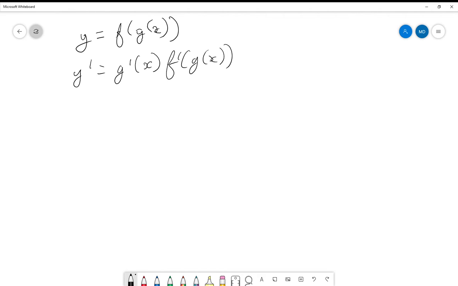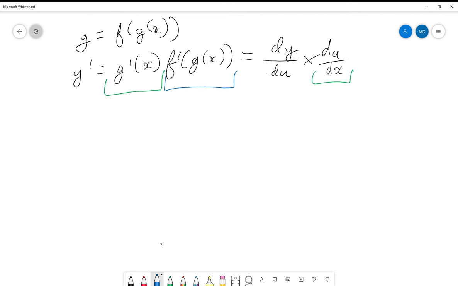And this is the chain rule written in terms of functions rather than variables, but it is in fact exactly the same thing as dy by du multiplied by du by dx. But actually in a different order, this one is g dash and this one is dy by du.